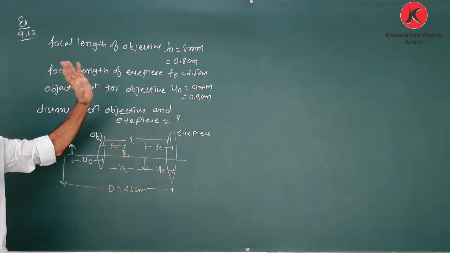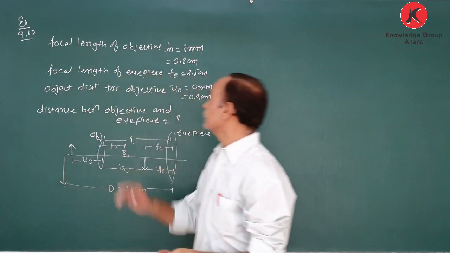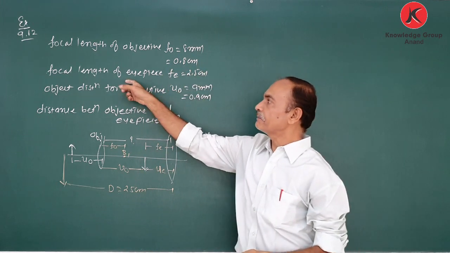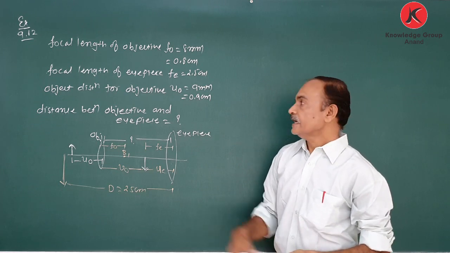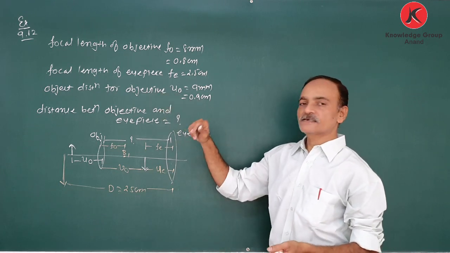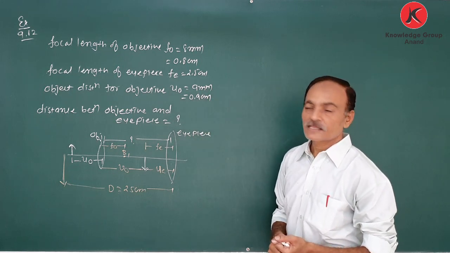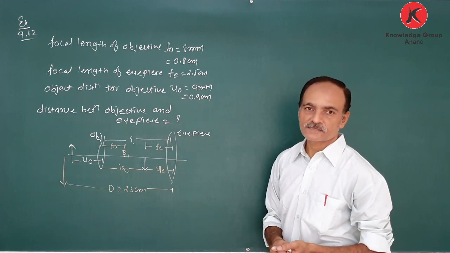Using a compound microscope with the objective with focal length 8 millimeter, that means 0.8 centimeter, and eyepiece with focal length 2.5 centimeter, an object is placed at 9 millimeter from the objective lens. Find the distance between the objective and eyepiece.